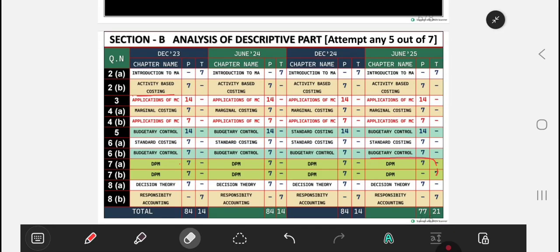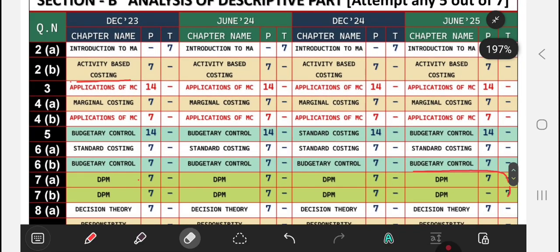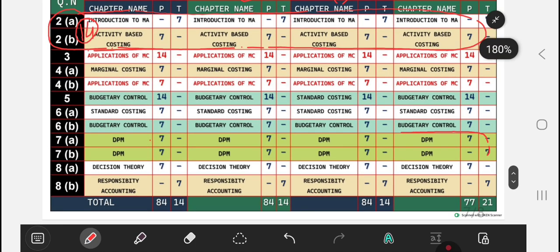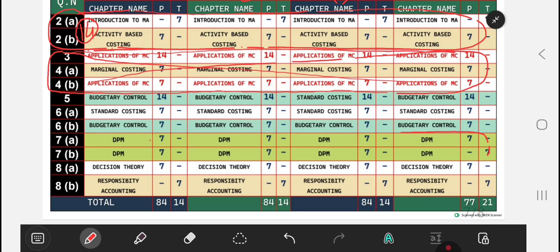So this is the analysis of the descriptive part. You can see here 2A, December 23, June 24, December 24 and June 25. 2A and 2B are from introduction to management accounting and ABC. So by studying these you can secure 14 marks. And for questions 3 and 4, in every attempt the same pattern is followed, so you can skip this part. Now coming to 5, you can see budgetary control, standard costing, budgetary control.